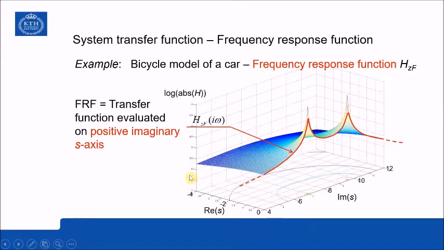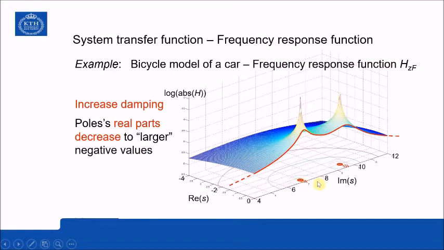So what happens now if we increase damping? If we increase damping, then we see that the poles are displaced even more from the imaginary axis. So the real parts will decrease to larger negative values. And that means that the infinity peaks, the singular points, will be displaced from the imaginary axis.